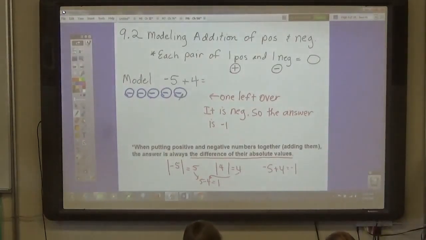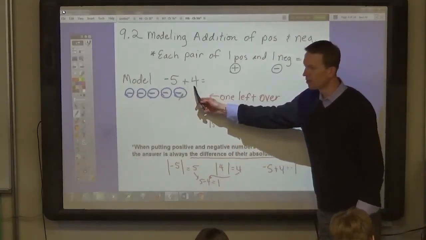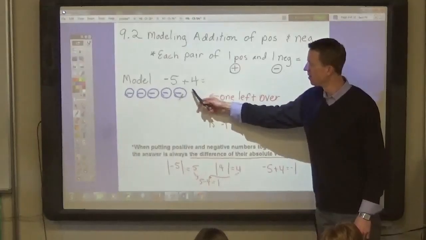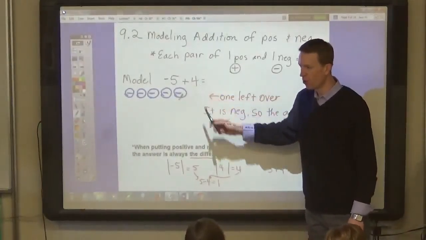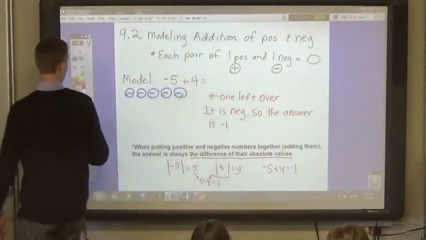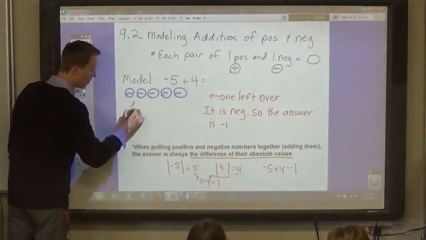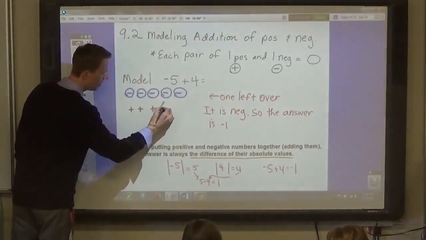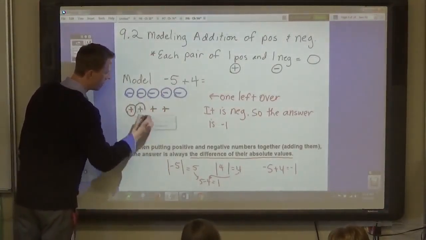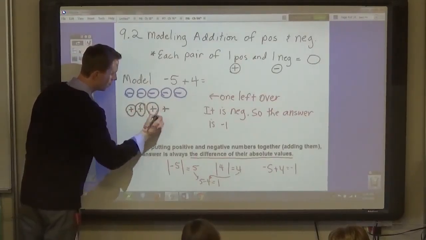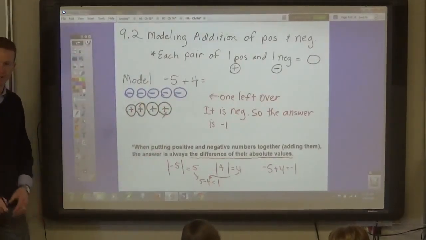Now, we're going to add 4 positives. So -5 plus 4. So draw 4 plus signs. 1, 2, 3, 4. And circle them. Pretty simple, right?